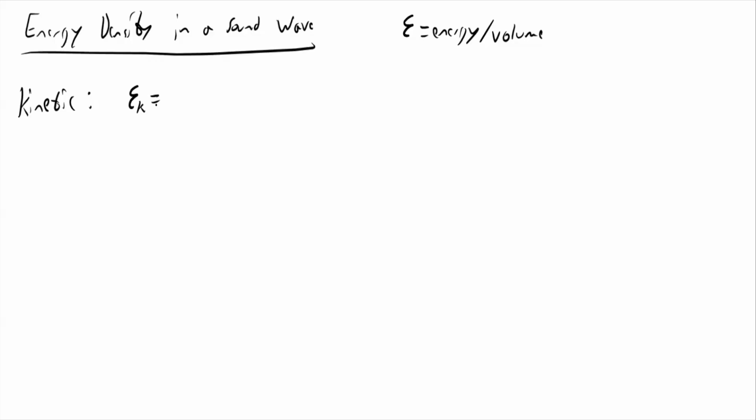Well, we want energy density, so we need to divide that by volume. And if you do that, you simply obtain 1/2 rho naught u squared, where u is the particle velocity, and rho naught is, of course, density. If you multiply this by volume, you obtain just kinetic energy.